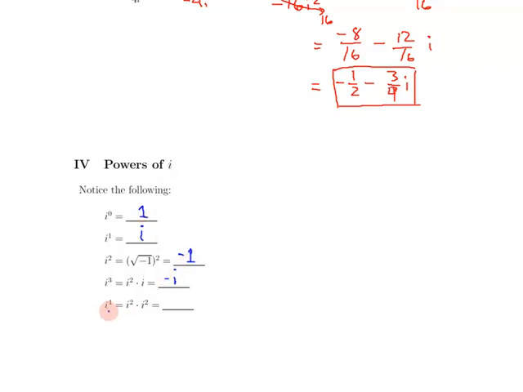Now i to the fourth is going to do something interesting, in that we're going to have negative 1 times negative 1. It's going to give me 1. Okay? In fact, notice that corresponds right here.